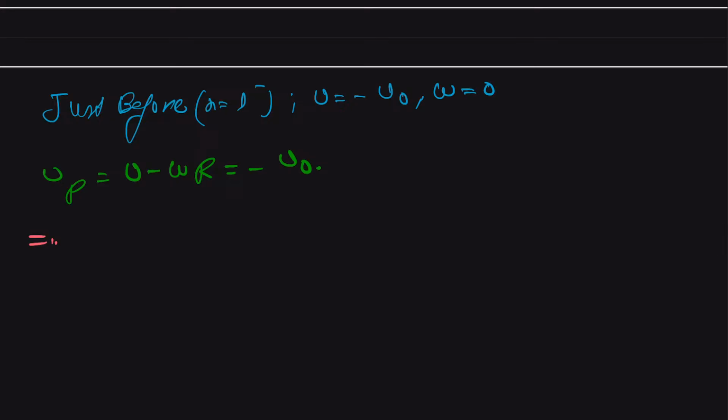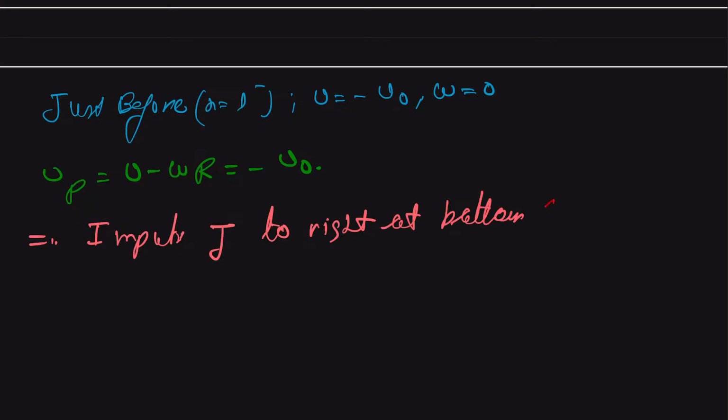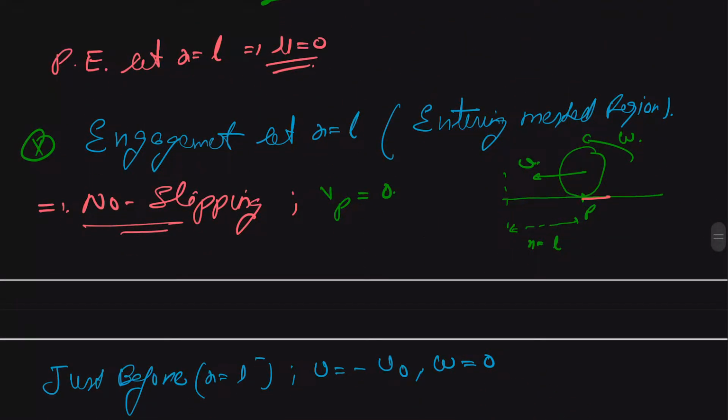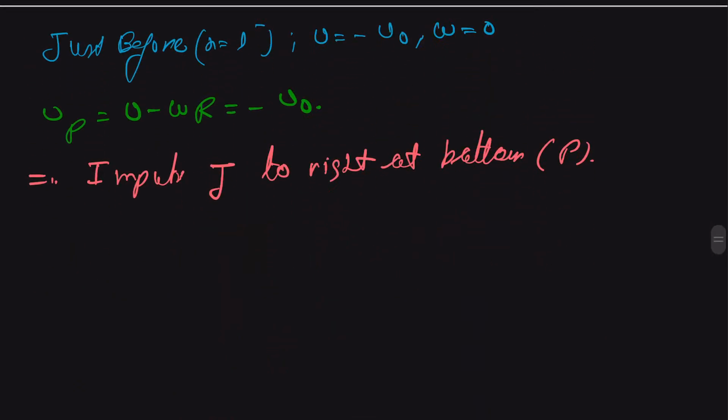So we can say that impulse j to the right at bottom. Bottom basically means our P point. So at this position there will be impulse j, which is going to provide the required torque so that it rotates.